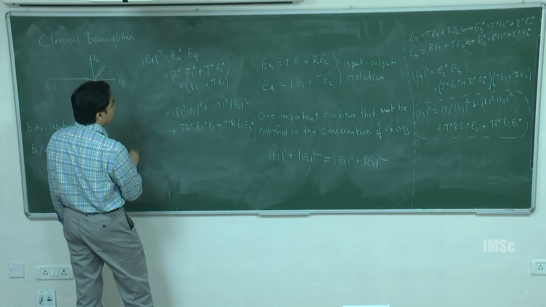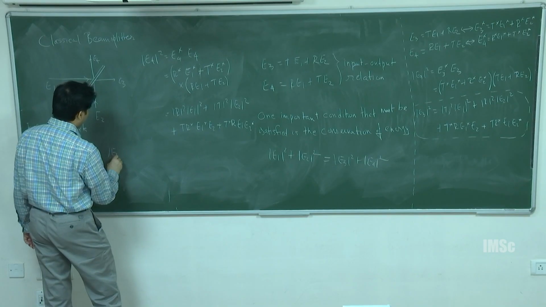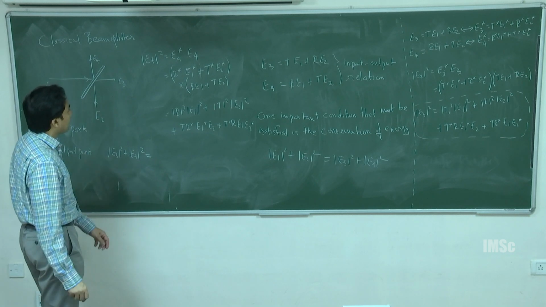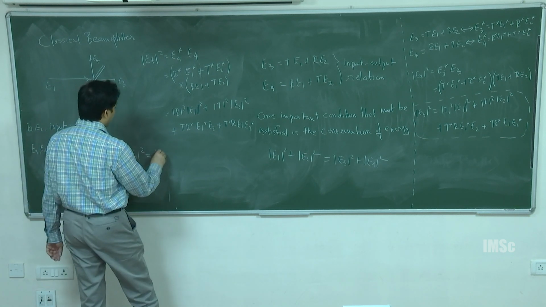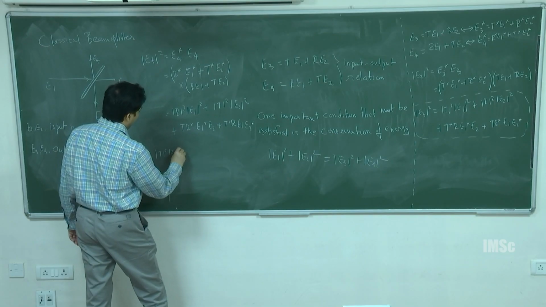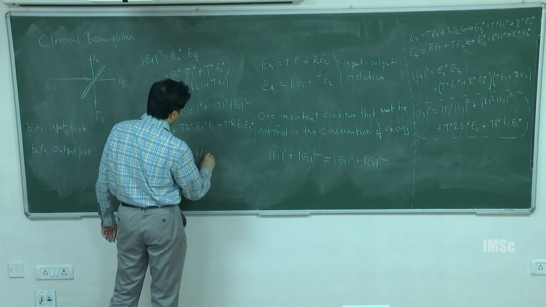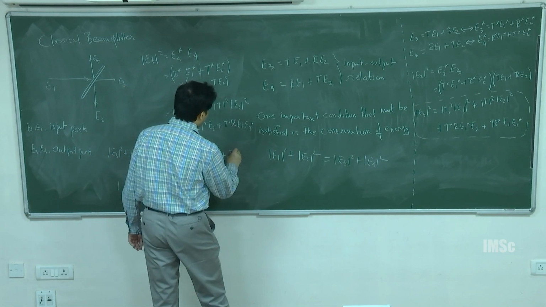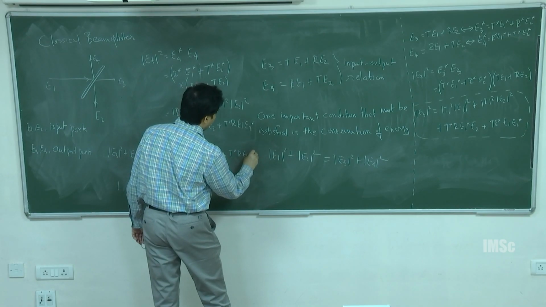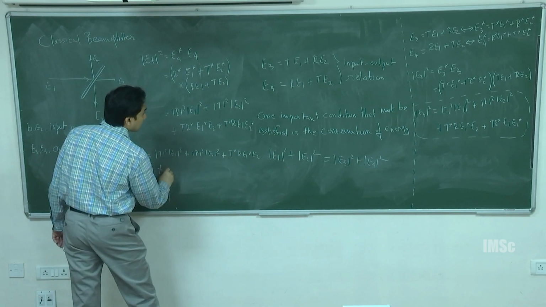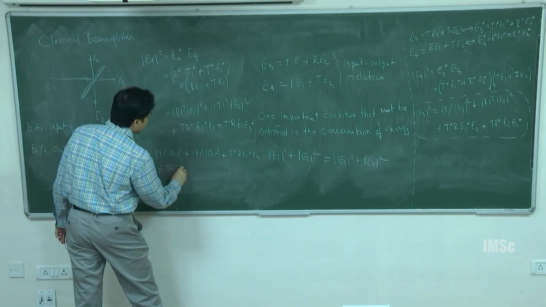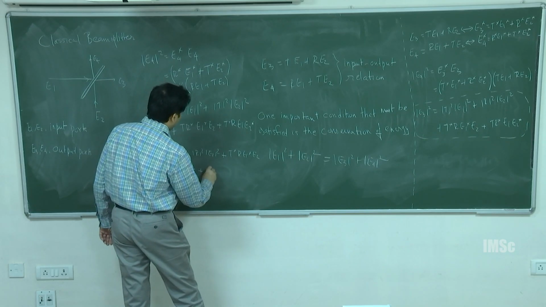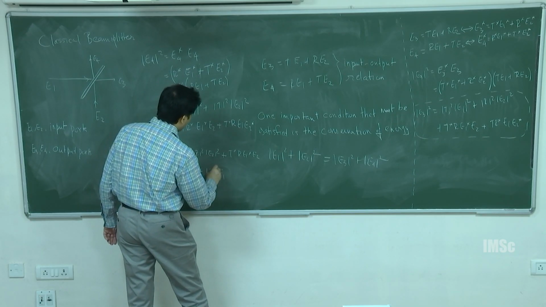So this is mod E3 square, and now write down the result for mod E4 square explicitly.